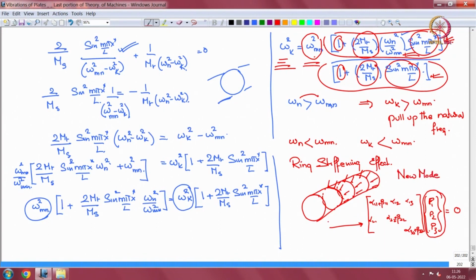The setting of this determinant to 0 will give you the new natural frequencies. Then for each natural frequency, the dependent value of P1, P2, P3 is the force value that should be applied to the shell at the new natural frequency. That will give you the new mode shape.